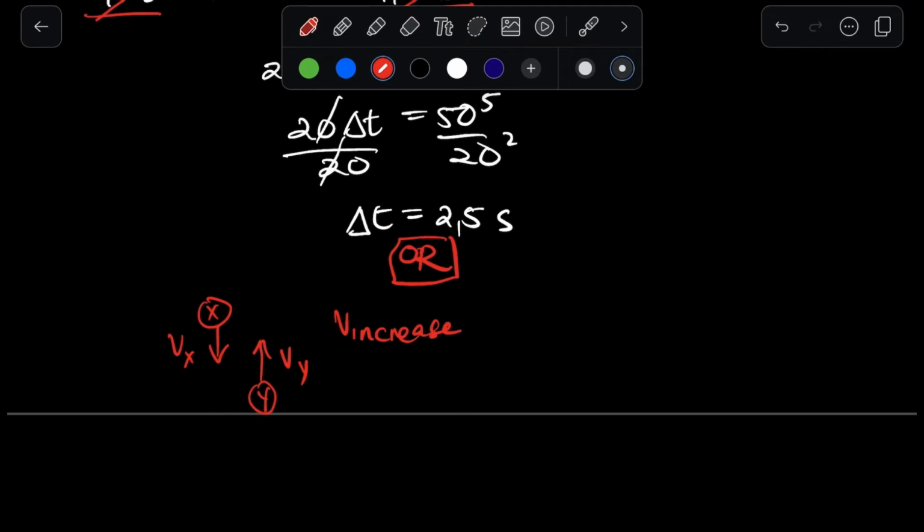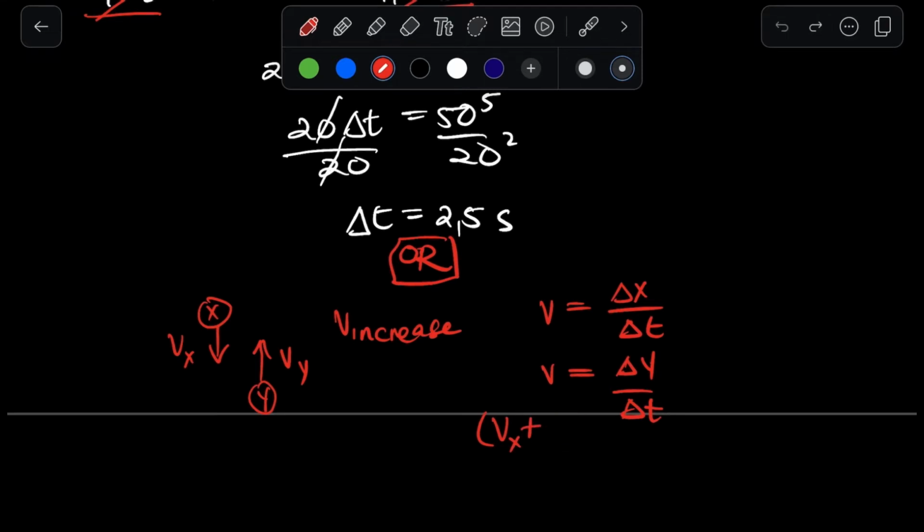That's the relativity. So we can use the formula that says velocity is equal to change in x over change in time, but in this case it's going to be what? Velocity is equal to change in y because it's a vertical motion, over change in t. So here, this velocity is going to be the relative velocity. So we're going to say velocity of x plus the velocity of y.